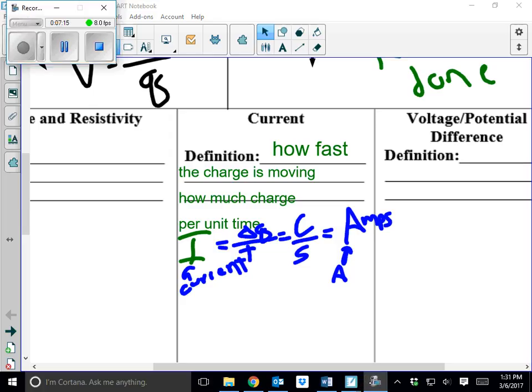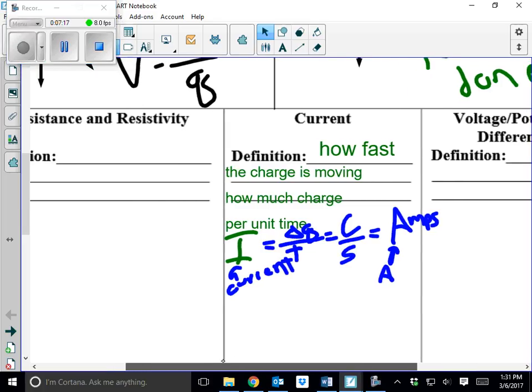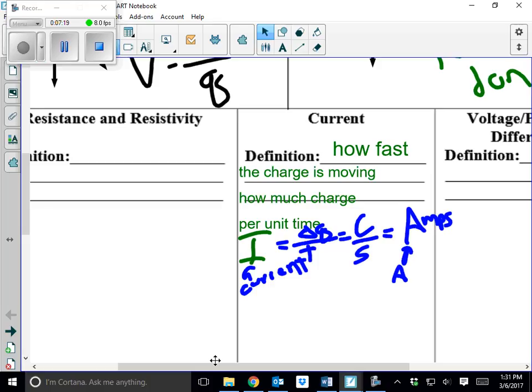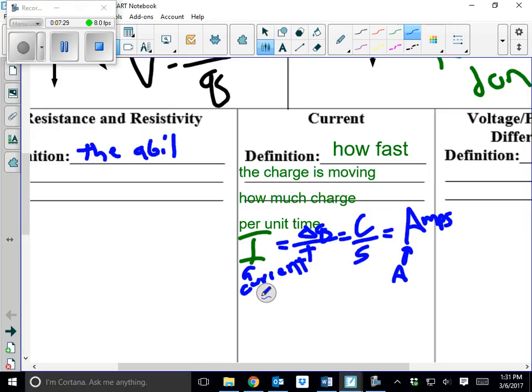Doing pretty good. Okay, so if current is how fast the charge is moving, or how much charge per unit time, then resistance is the ability to slow or stop the electrons. Oh, I should say charge, stop the charge, because technically you can have protons moving, but it's really, really hard.